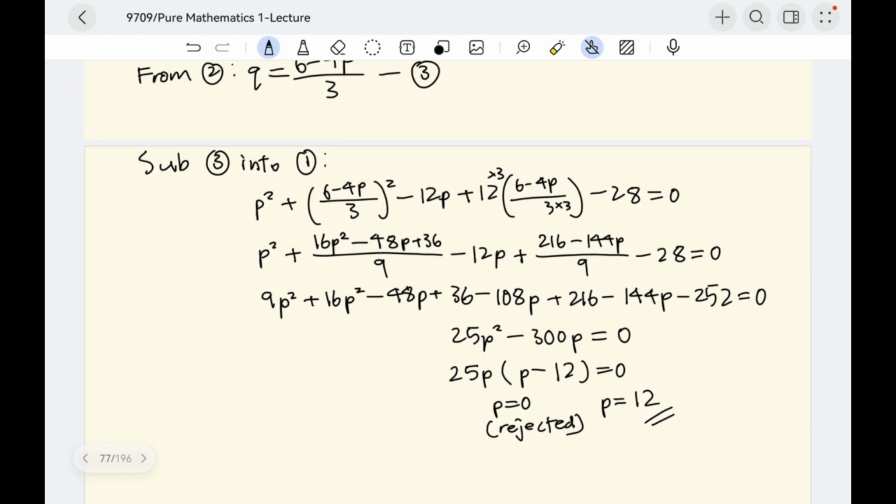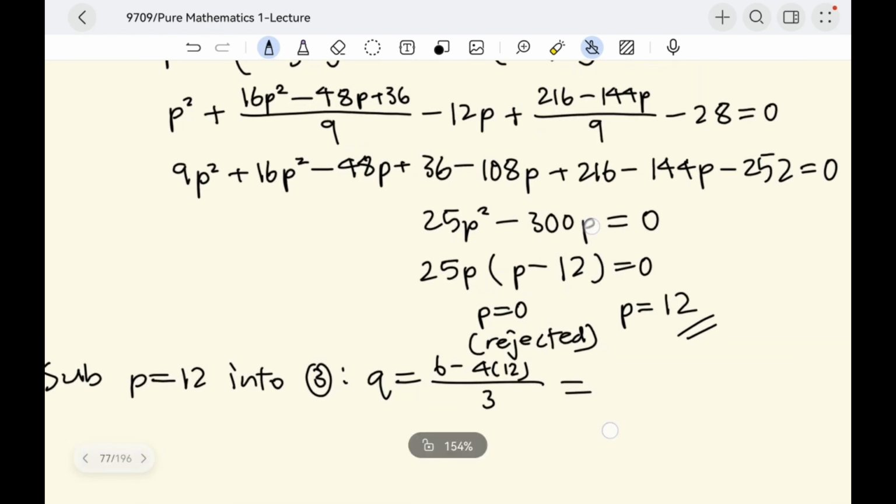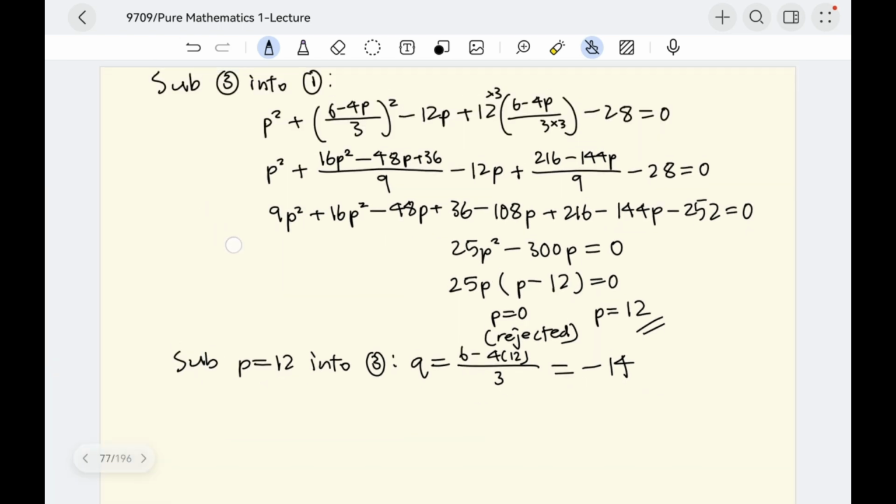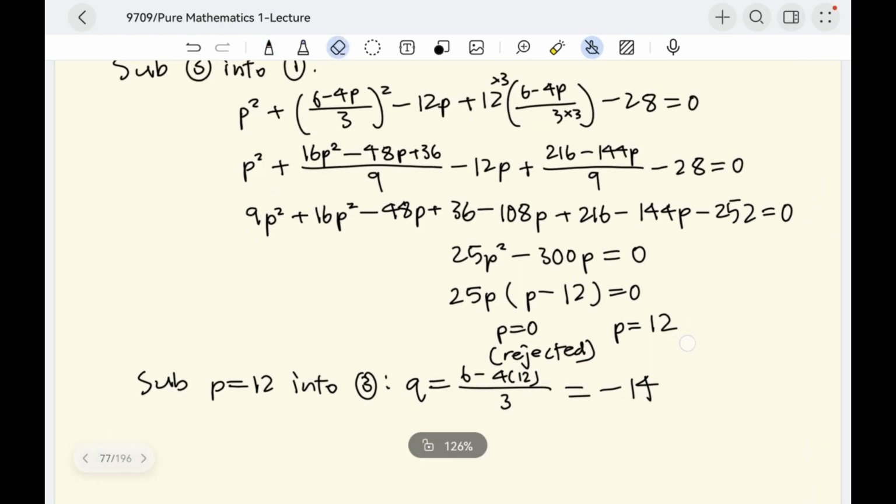And now substitute p equals 12 into equation 3 to look for the value of q. So remember, the q must be less than -6. The q is -14. Okay, now I have successfully found both values of p and q.